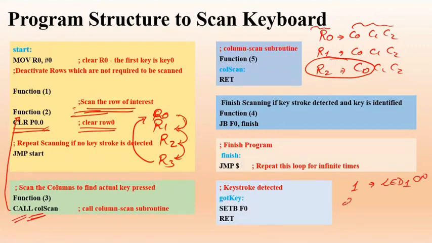If key 2 is pressed, make 2 LEDs on. If 3 is pressed, make 3 LEDs on.